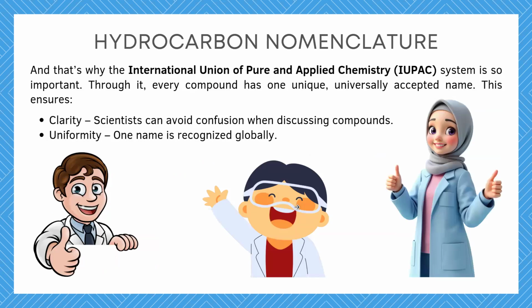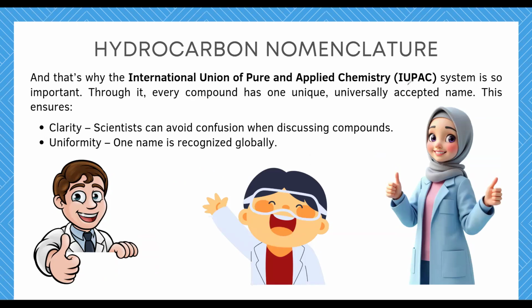And so that's why we have the system called the International Union of Pure and Applied Chemistry. Have you ever heard this name before? IUPAC. It actually means the International Union of Pure and Applied Chemistry, and they are the ones who created a system.